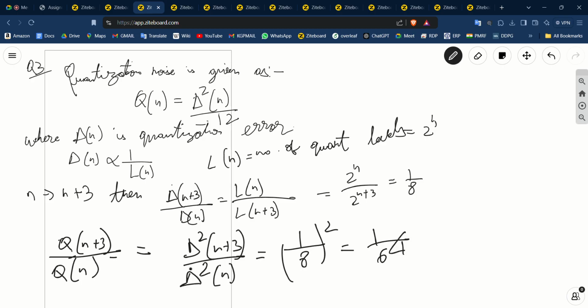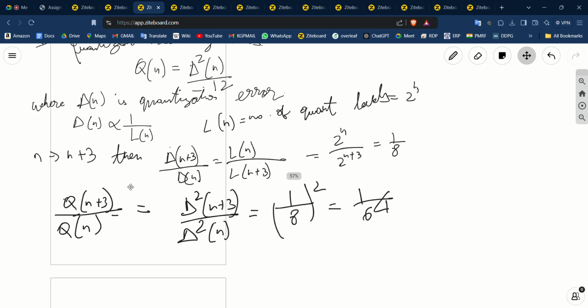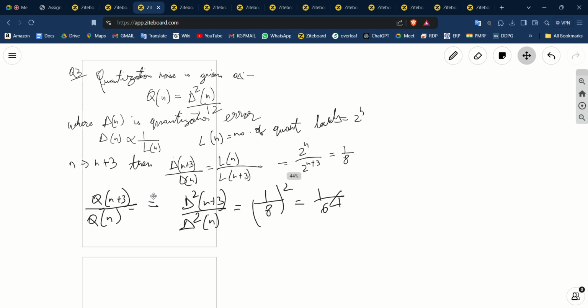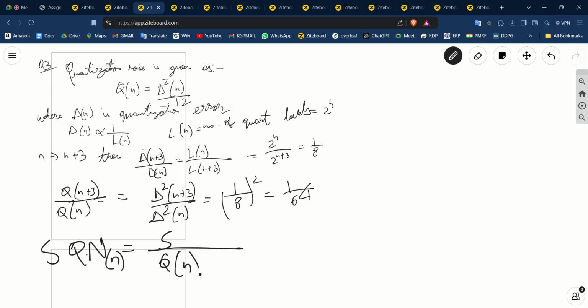Now, if we want to do the comparison in the signal to quantization noise ratio domain, then signal to quantization noise is defined as signal power by quantization noise power, S by Qn.